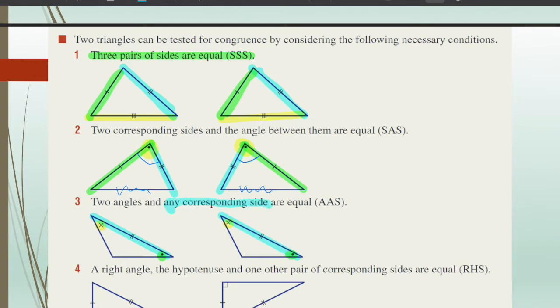So in this one, it is the side in between the angles, but it doesn't have to be that. It could have been this side or this side. The important thing is just that the sides correspond. So if this side was the same length as this side, that wouldn't count.